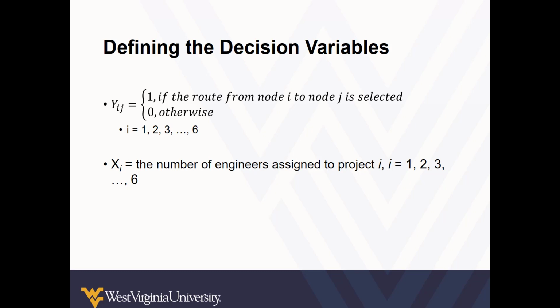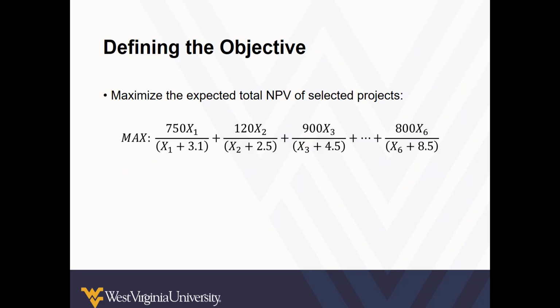They must determine which projects to select, which we can model with a set of binary variables, and they must also determine the number of engineers to assign to each project, which will be represented by the letter X. So TMC's directors want to maximize expected NPV, so the objective function must correspond to this quantity. This requires multiplying each project's expected return by the probability of the project being successful.